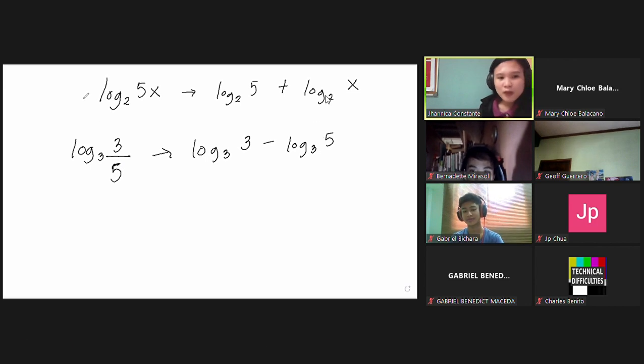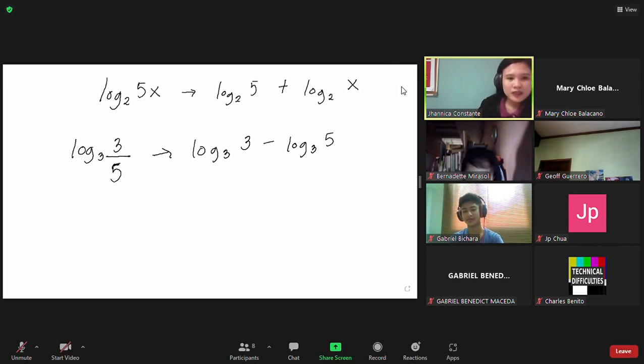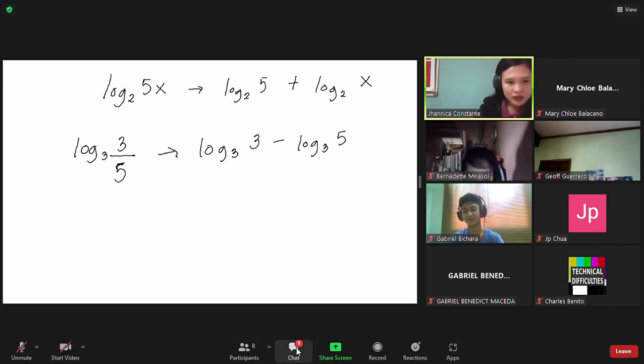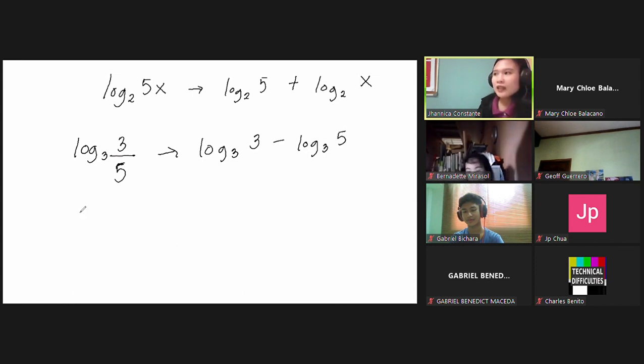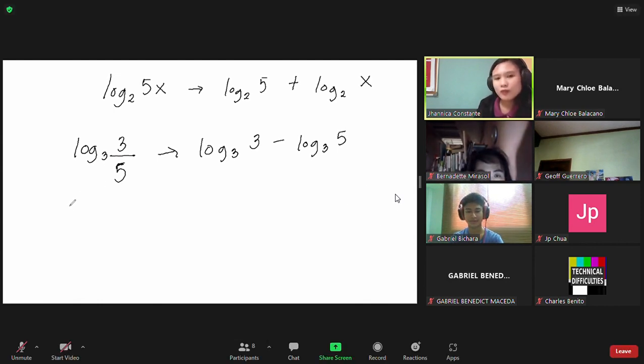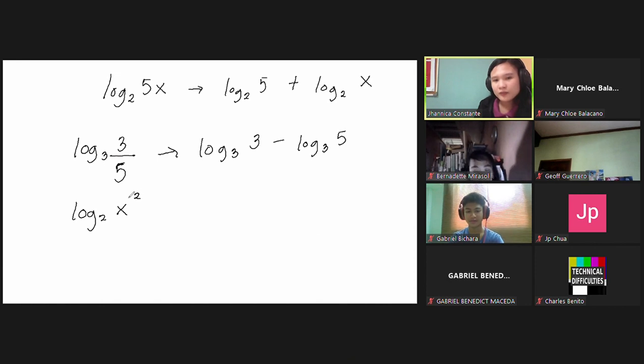And for the power rule, the same as in the rule for exponent, we multiply the exponents. For example, we have log base 2 of x squared.